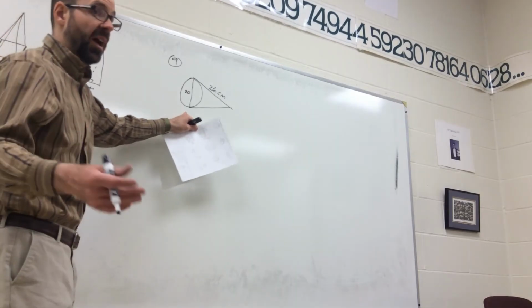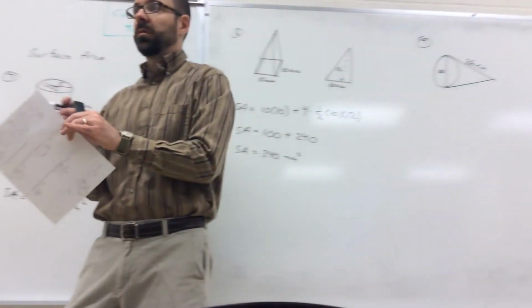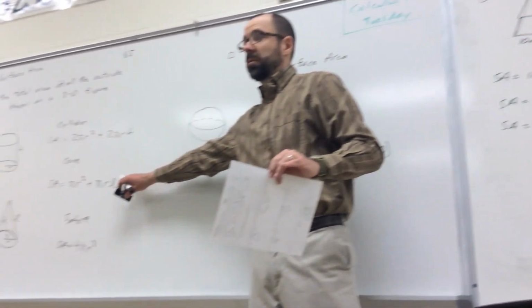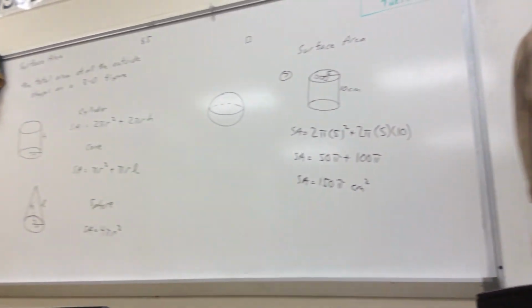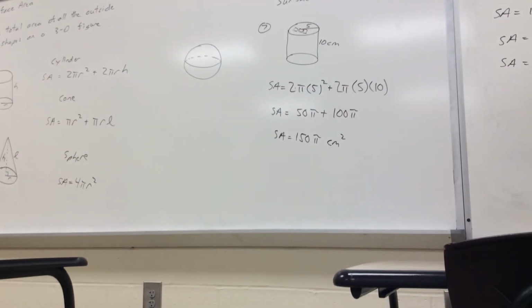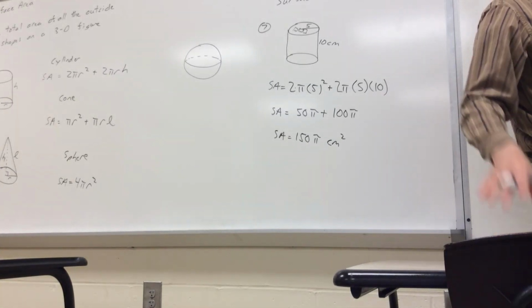I didn't really explain how, I just gave you the formula, right? So here it is. Surface area is pi r squared plus pi r L. So what's the radius?